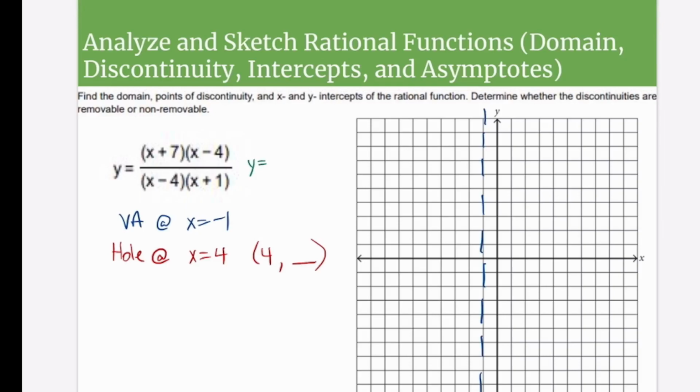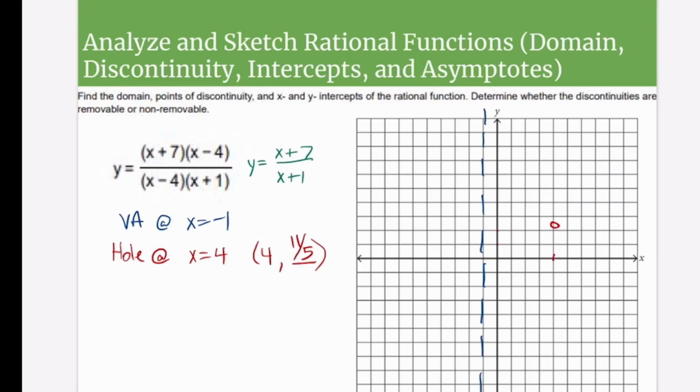So our simplified version of this equation, x plus 7 over x plus 1, if you plug 4 into that, you would get 11/5. So our hole is literally going to be a point at 4, and then 11/5, which is 2.2, somewhere over here. Instead of having a closed circle, we're going to have an open circle.